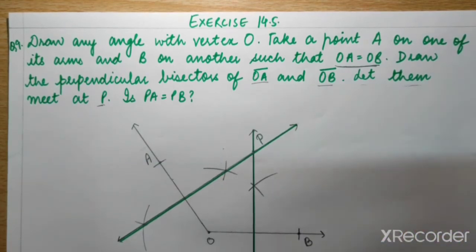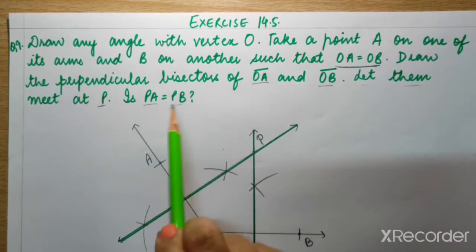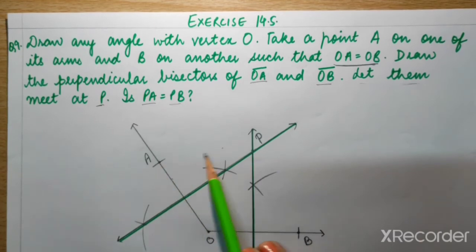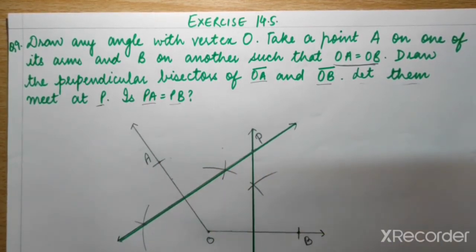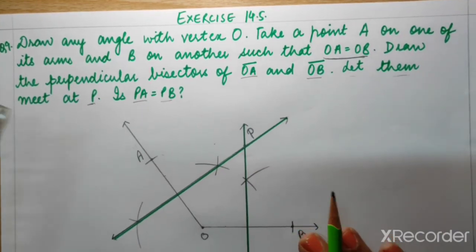Now what do we need to check? We have to check whether PA equals PB. To measure PA, first of all we need to join PA and PB. So let's join PA and PB.